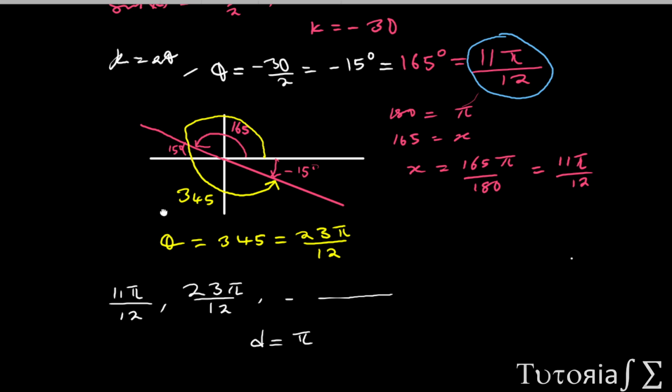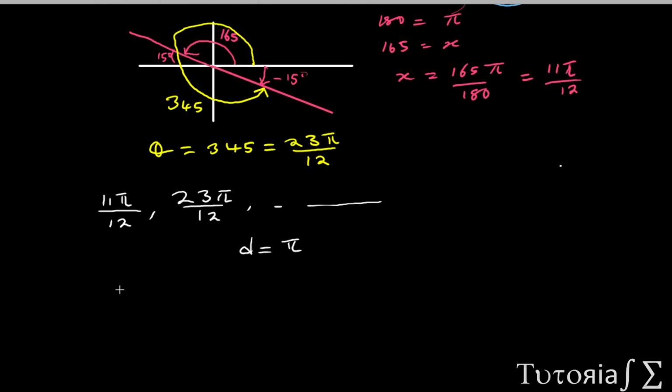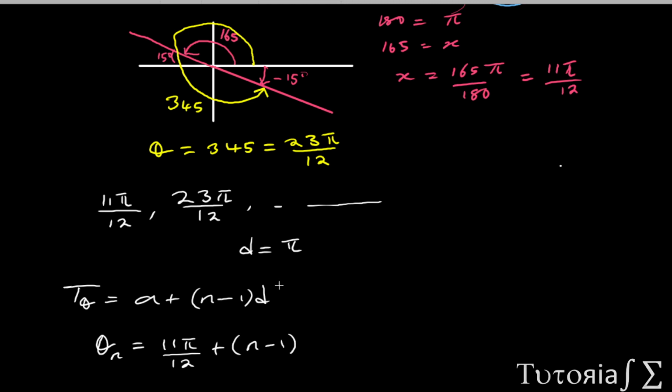Now we can find the nth term, which is the general theta. So theta n will be equals to the first term plus the nth term minus 1 multiplied by the common difference. So theta n will be equals to the first term, which is 11 pi over 12, plus n minus 1, then the common difference is pi.